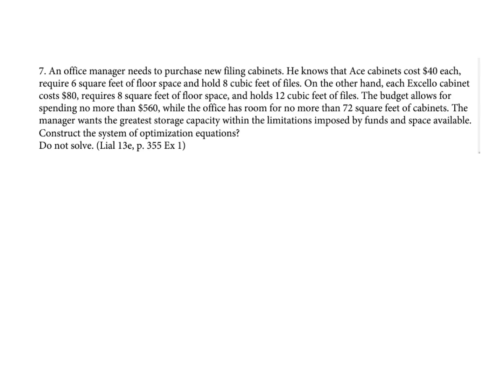On the other hand, each Excello cabinet costs $80, requires 8 square feet of floor space, and holds 12 cubic feet of files. The budget allows for spending no more than $560, while the office has room for no more than 72 square feet of cabinets. The manager also wants the greatest storage capacity within the limitations imposed by the cost and the space available.